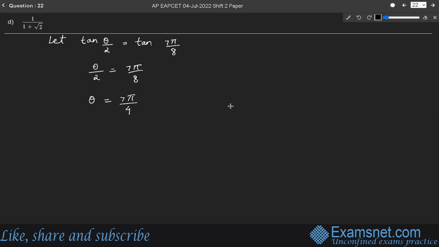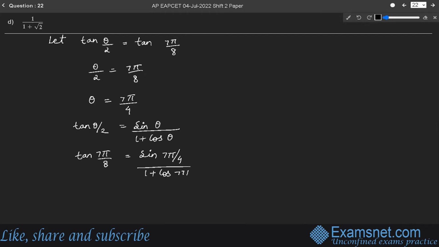By using the half angle identity of the tangent function, this becomes tan theta by 2 is equal to sin theta upon 1 plus cos theta. So theta by 2 is equal to 7 pi by 8. So tan 7 pi by 8 will be equal to sine, again theta is 7 pi by 4, so sin 7 pi by 4 divided by 1 plus cos 7 pi by 4.